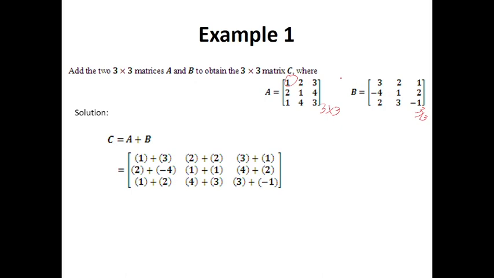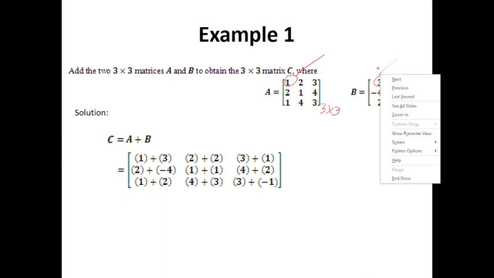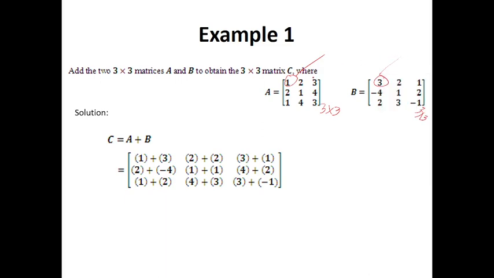And we can now add the corresponding elements. 1 and 3 are both in the first row, first column, so we call them corresponding elements because they are in the same row, same column.